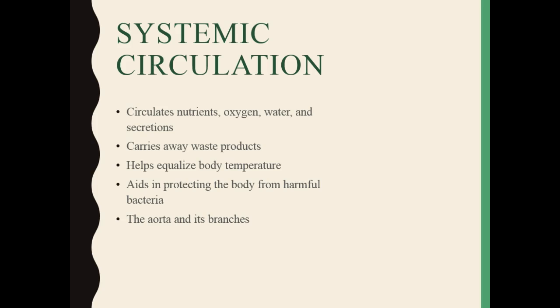Systemic circulation. This is the circulation that leaves the heart and goes out to the body. Interesting to note, this is one of the best ways that your body can equalize body temperature. If you remember back from the muscle system, that generates a lot of heat, but in order to distribute it evenly, the blood carries some of that heat to the rest of the body, not just oxygen and nutrients.